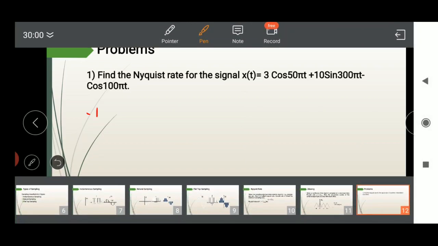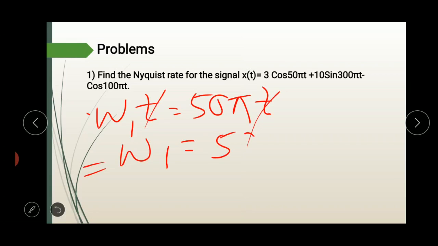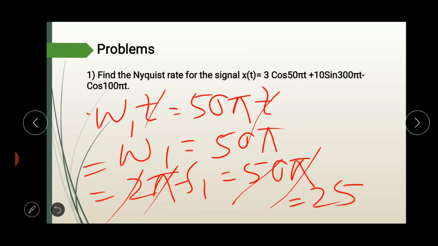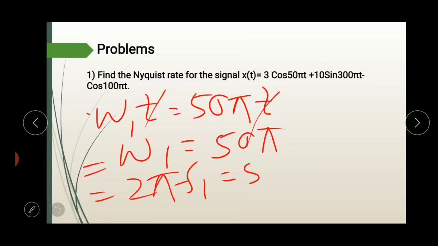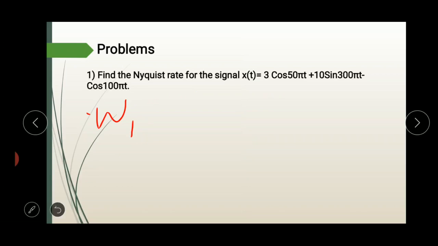So w1 t equal to 50 pi t, so 2 pi f1 equal to 50 pi. Pi cancels out, and here we get 25. So f1 is 25 Hertz. So first we write down f1 equal to 25 Hertz.